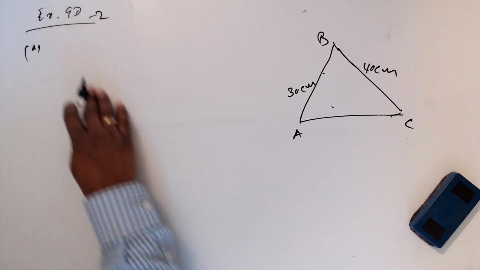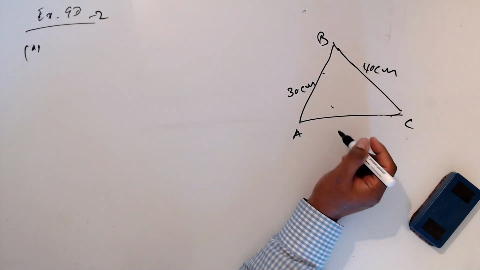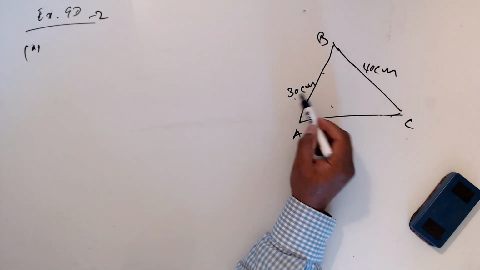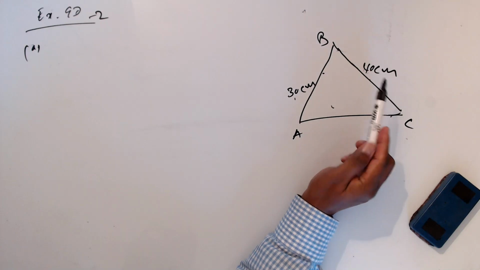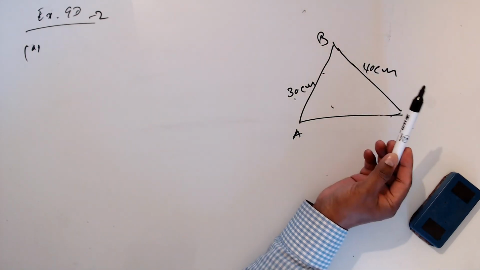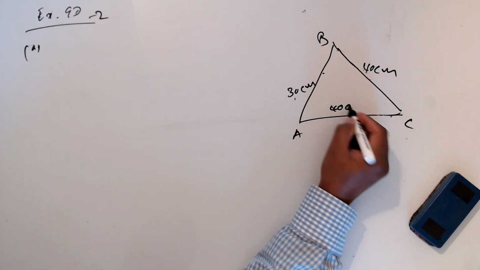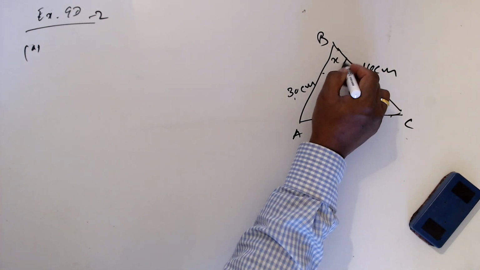Exercise 90, question 2, part A. And you can see this is 30 and 40. If we know this angle, then we can find the area. If the area is given, then only we can find this angle.